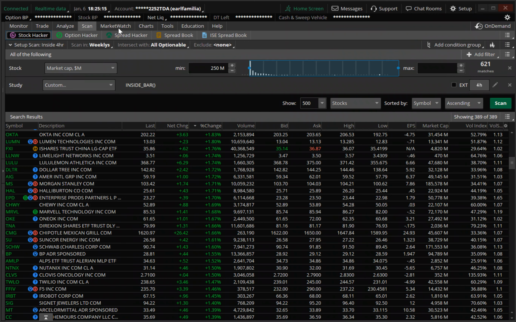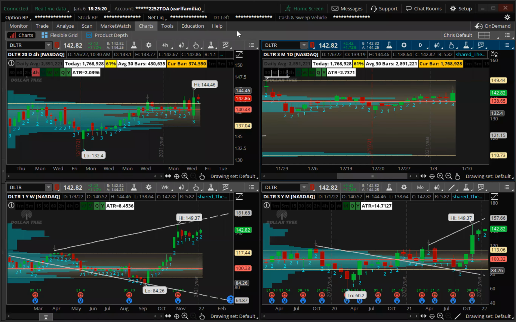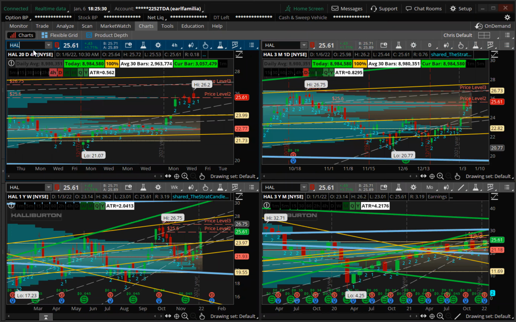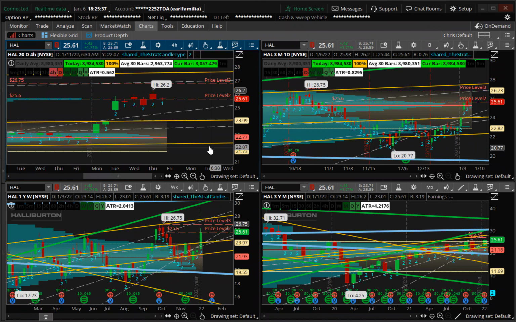Okay, let's see what our boy Halliburton is showing. Shooter on the 4-hour outside day. Oh, that's still Dollar Tree. I'm tripping. Halliburton is just going flat.